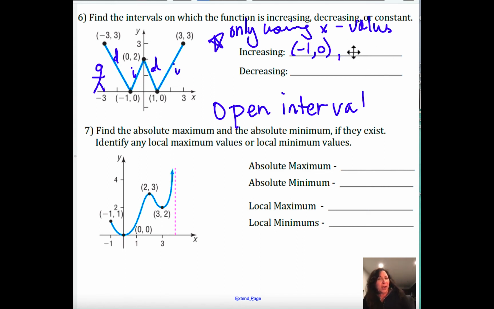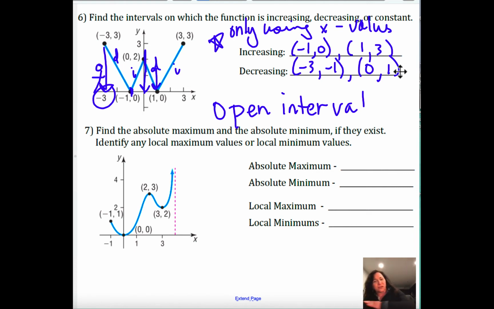You separate these by a comma, not a union. Parenthesis -1 to 0, and parenthesis 1 to 3. It's decreasing from -3 to -1, comma, and it's decreasing from 0 to 1. Remember, you're always just walking along the x-axis.